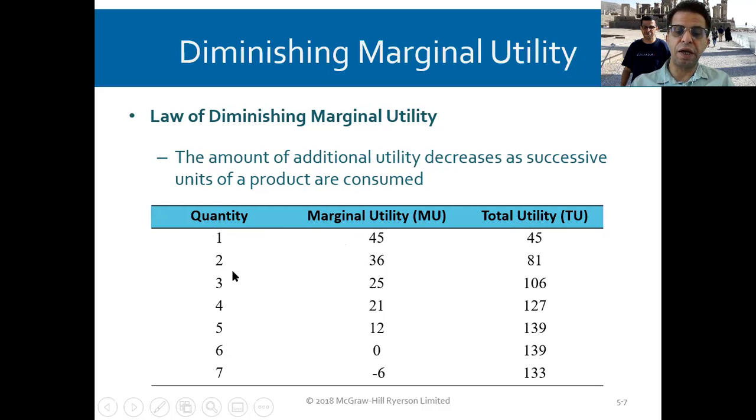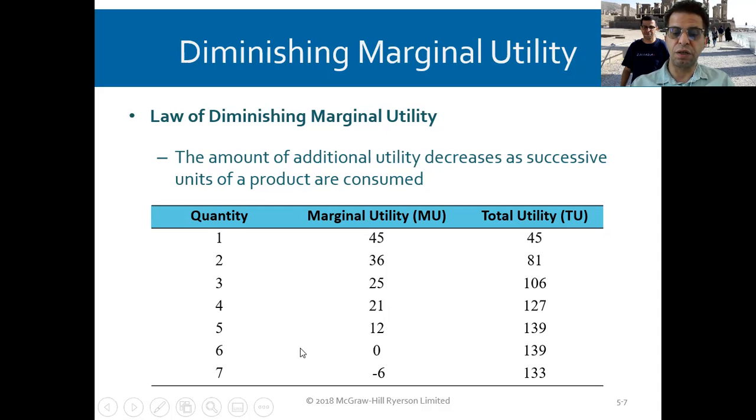The second one gives you 36. Now you add them, 45 plus 36 is 81. The third one, standalone, gives you 25, because you have already used the first and the second. So 25 plus 81 is 106. And things go on like this.